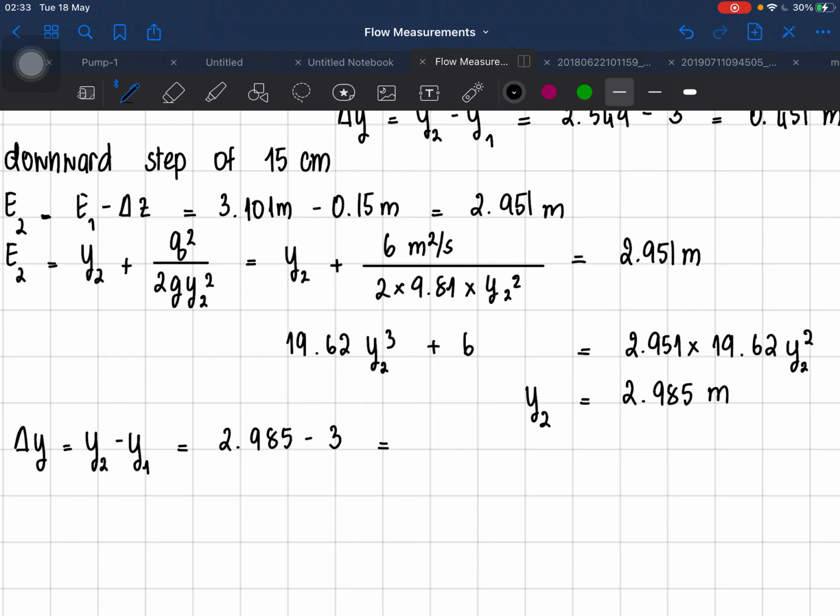The answer is a very nice number, minus 0.015 meter.